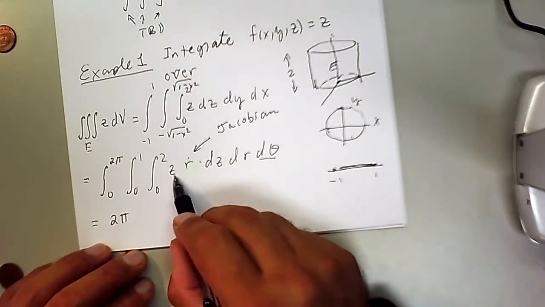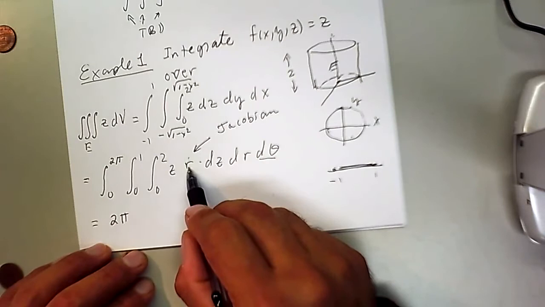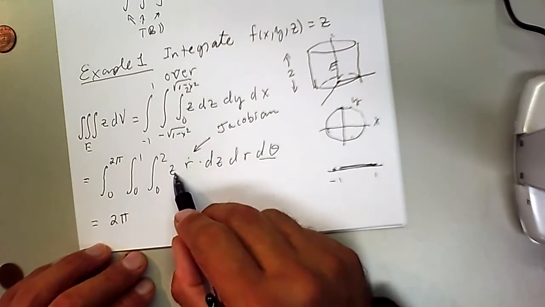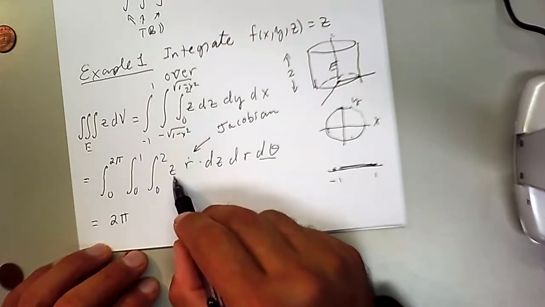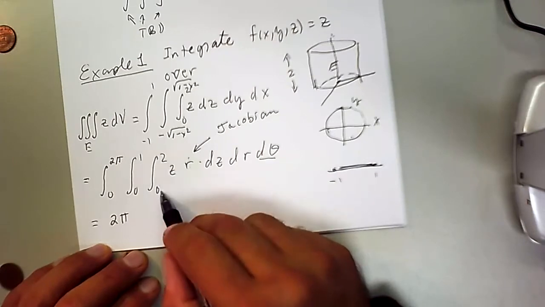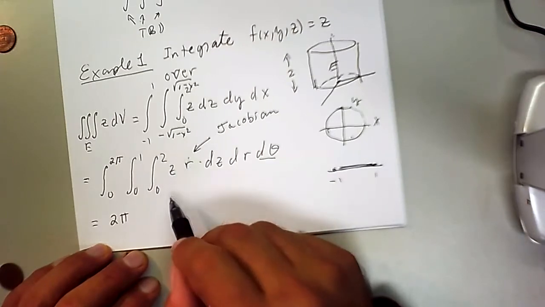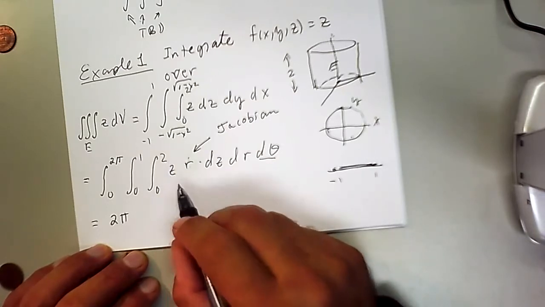The r is a constant with respect to z, so we just have the z by itself, and when we integrate the z, we end up with z squared over 2 from 0 to 2.